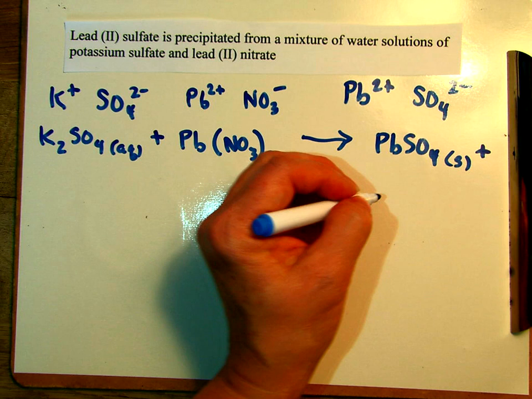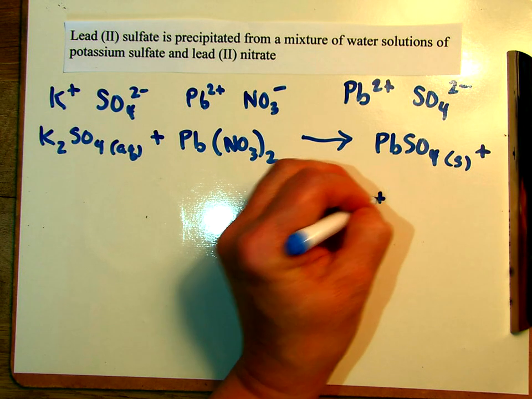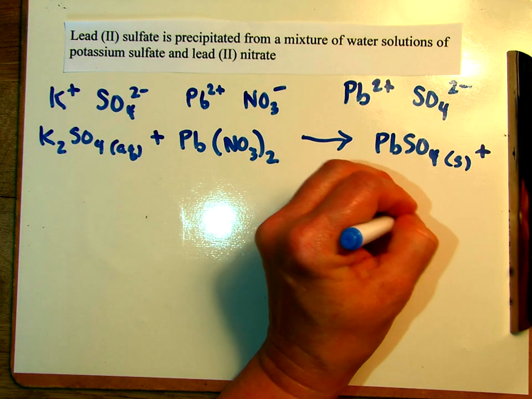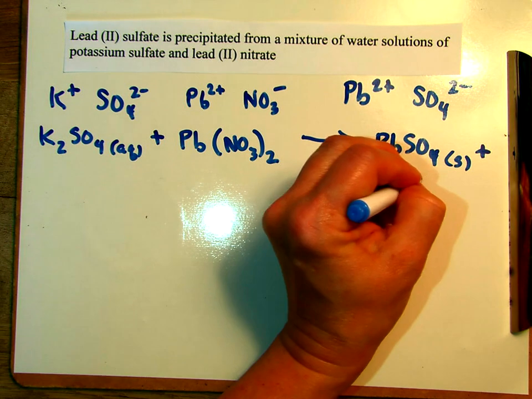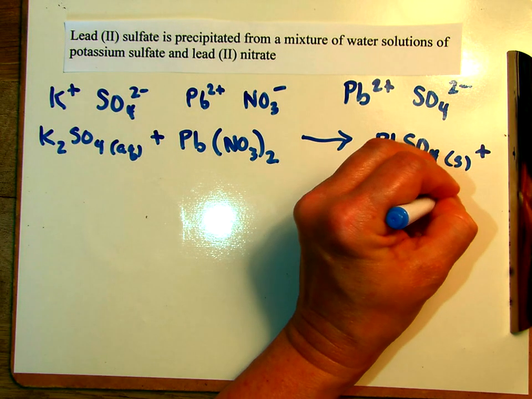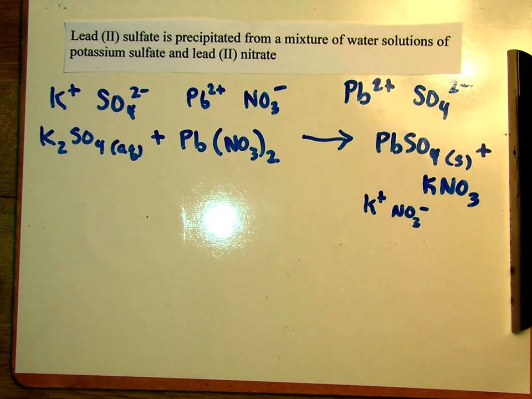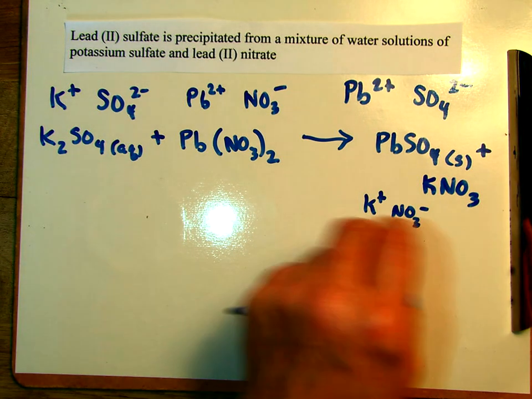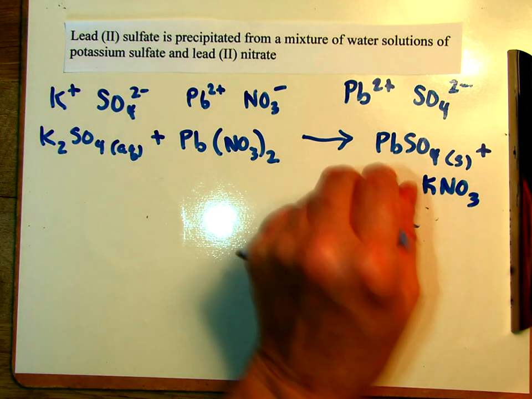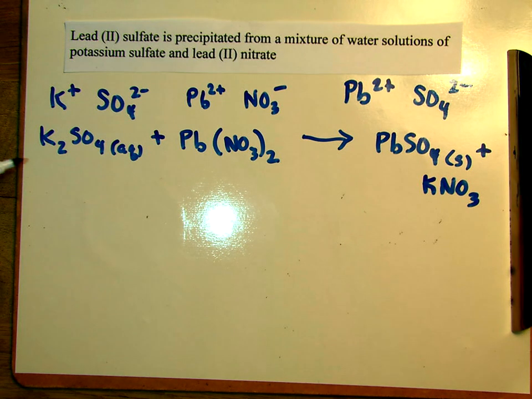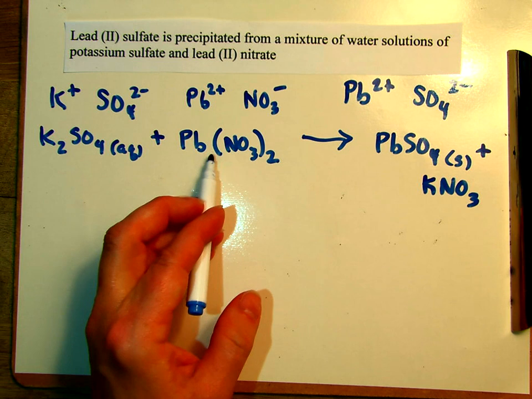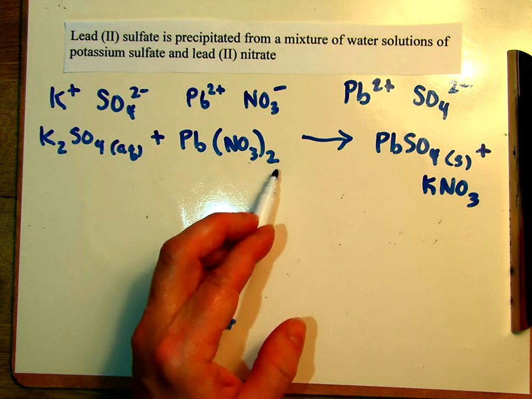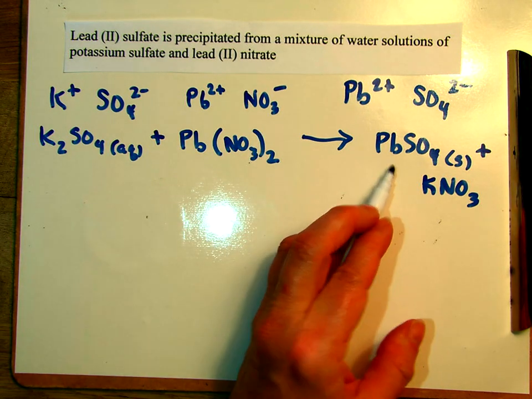Now, since we know potassium is +1 and nitrate is -1, the second product in this reaction is going to be KNO3, because the charges balance out. So we have two reactants, K2SO4 and Pb(NO3)2, forming PbSO4 and KNO3.